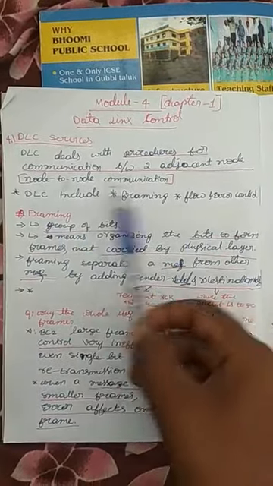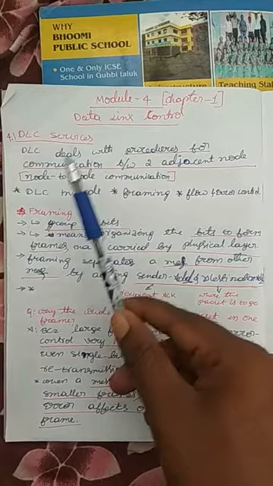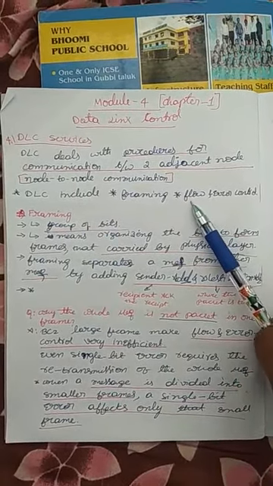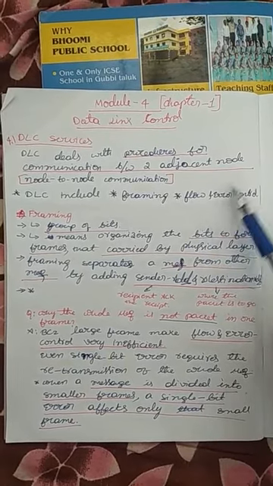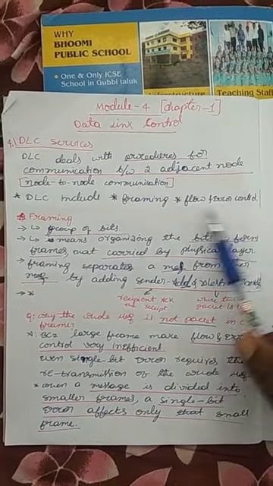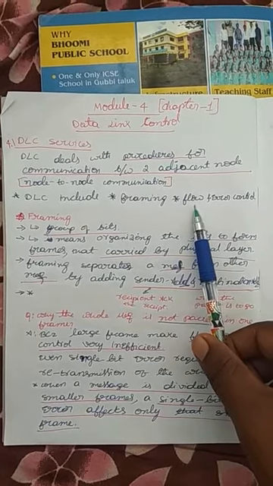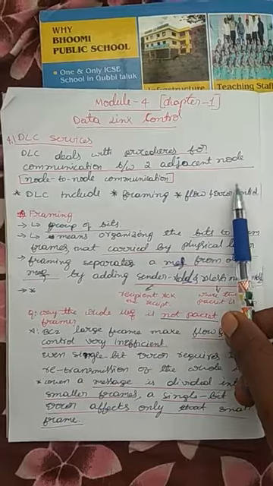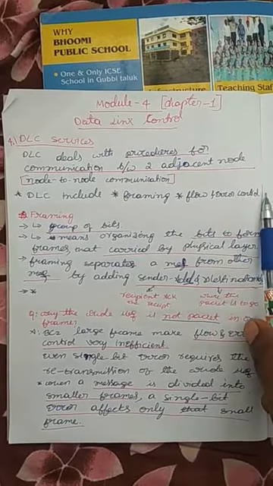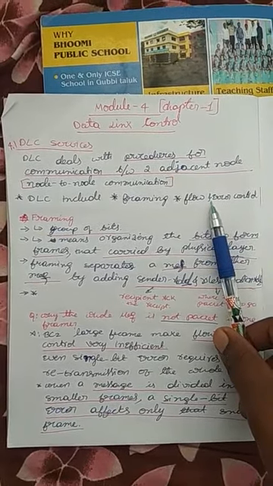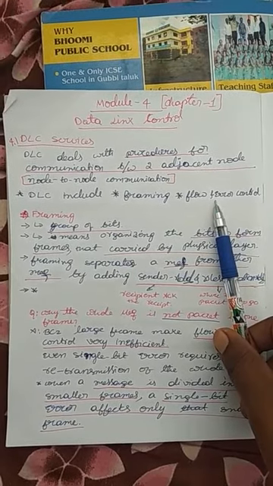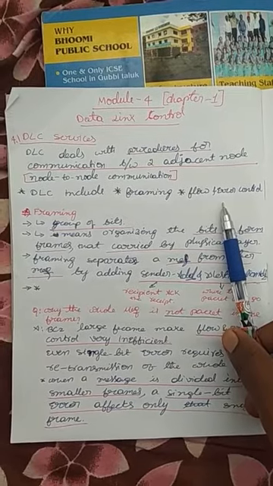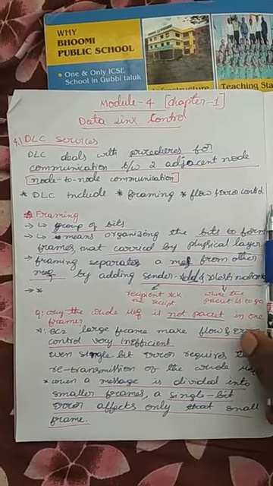In this video I am going to explain the second DLC service, called flow and error control. In detail, error control was explained in the last module, third chapter, means error correction and detection.